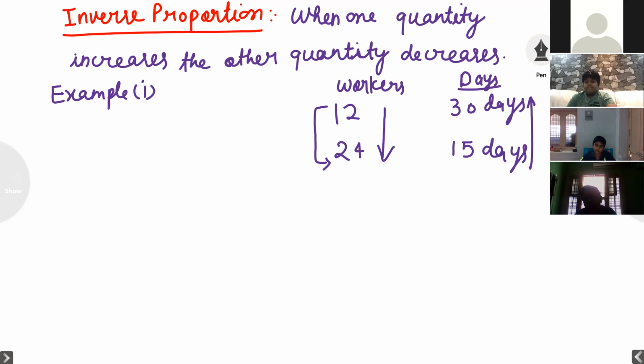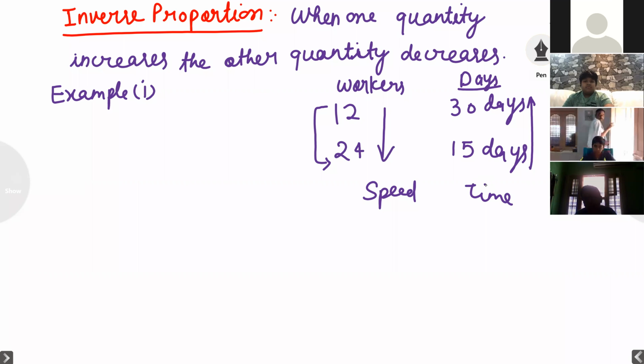The second best example is speed and time. Suppose I am riding my bike at a speed of 60 kilometers per hour, and I take 2 hours.